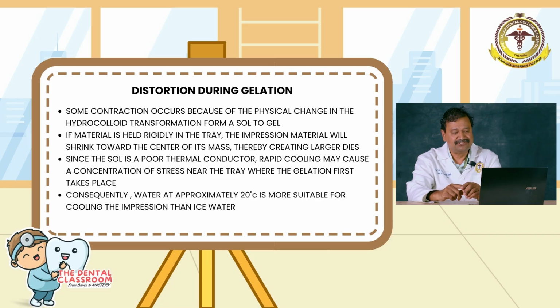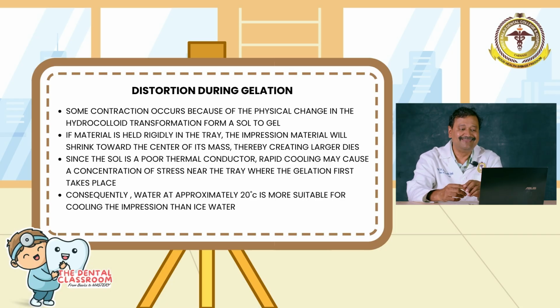Distortion during gelation. Some contraction occurs because of the physical change in the hydrocolloid transformation from a sol to a gel. If the material is held rigidly in the tray, the impression material will shrink towards the center of its mass, thereby creating larger dies.